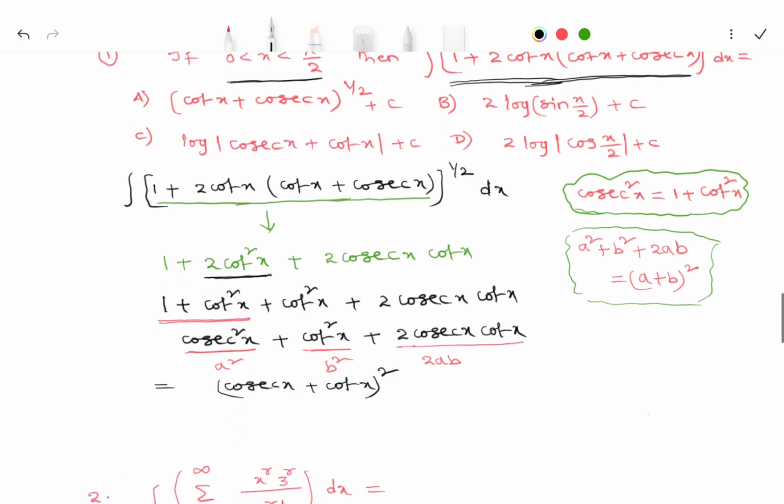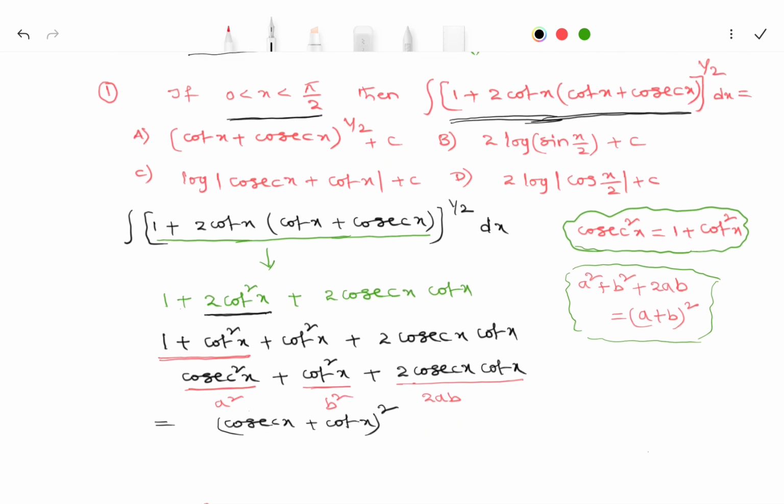So now you substitute this total part, plug it into the given function. Therefore, integration of ((cosecant x plus cot x) whole square) whole to the power of 1 by 2.